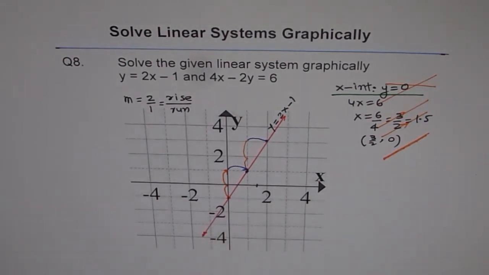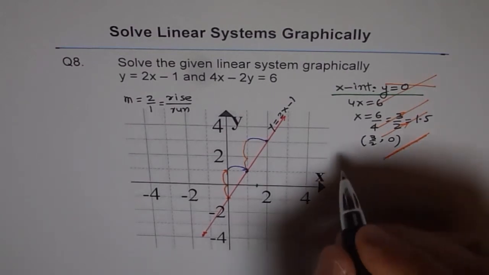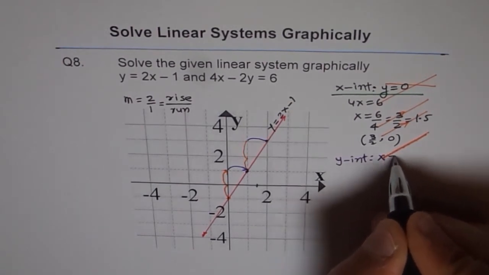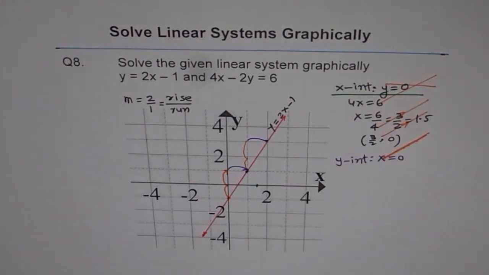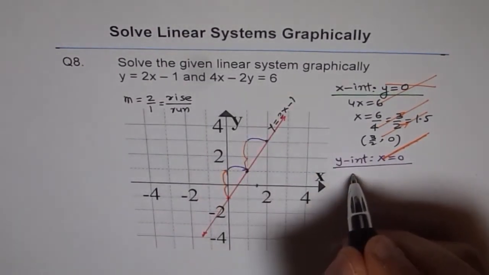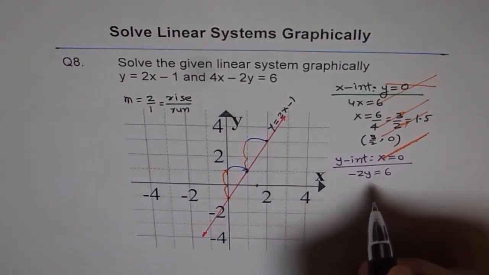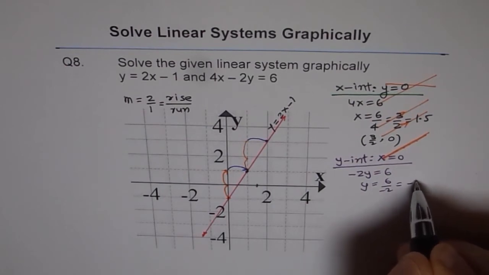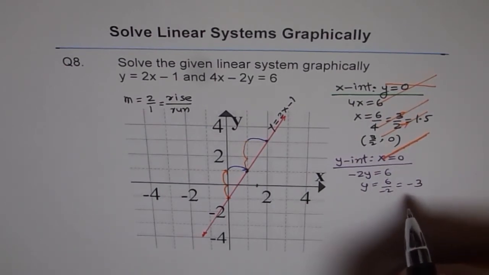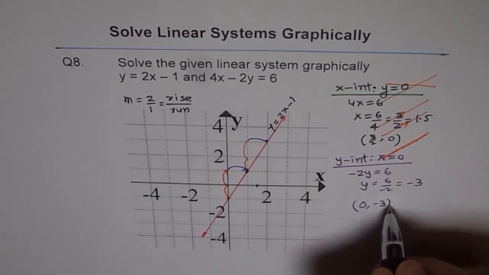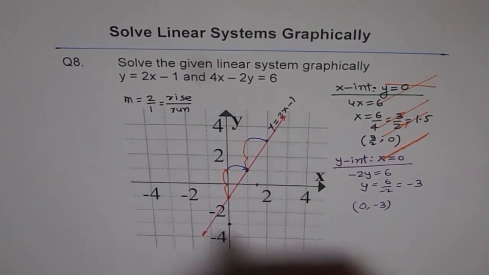Now let's find the y-intercept. The y-intercept is a point where x is equal to 0, correct? Now if x is 0 in this equation, then we get minus 2y equals 6. That means y equals 6 divided by minus 2, and that gives me minus 3. So the point you could write as (0, -3), correct? (0, -3) is this point.